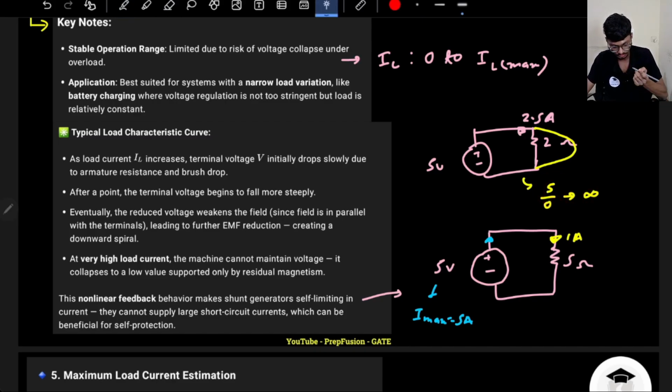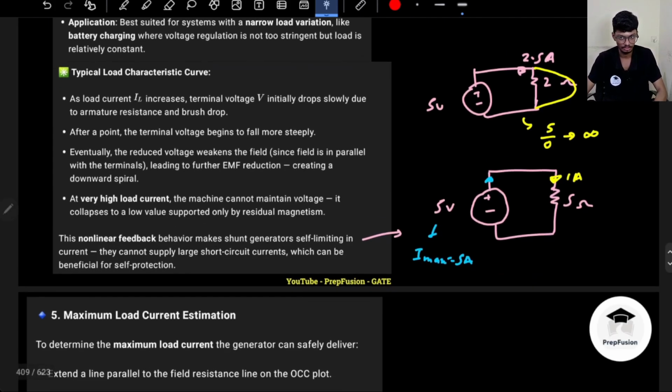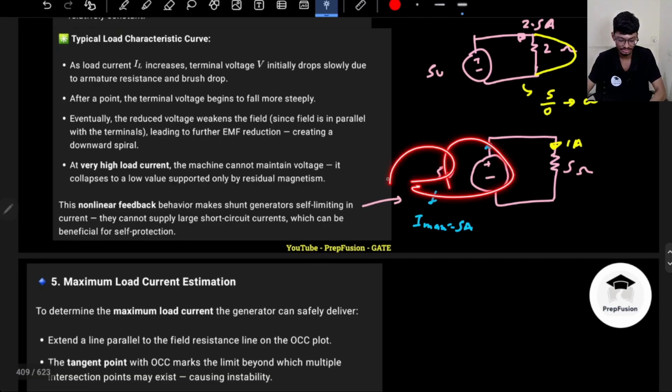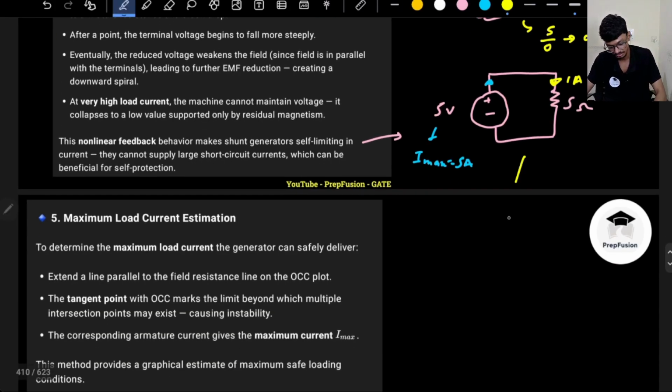That basically means the voltage source will be damaged, because it can only support a maximum of 5 amperes of current. But if I had a DC shunt generator here instead of this, what will happen? If I even short circuit it, what will be the short circuit current? It cannot go beyond a certain value. The short circuit current for a DC shunt generator will simply be self-protecting.